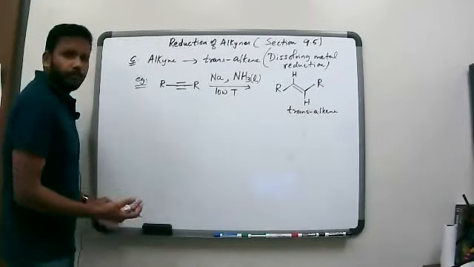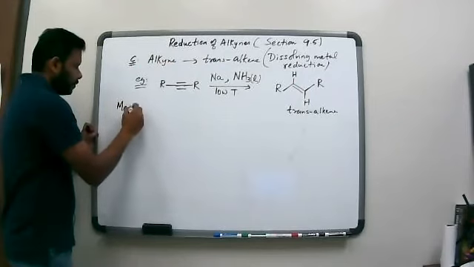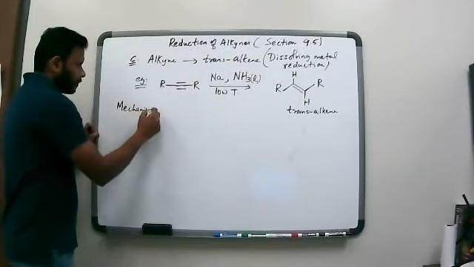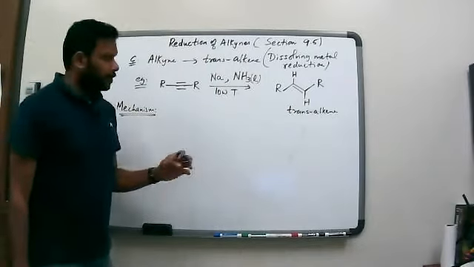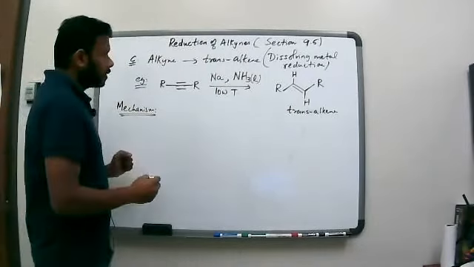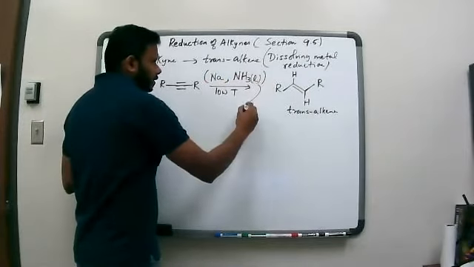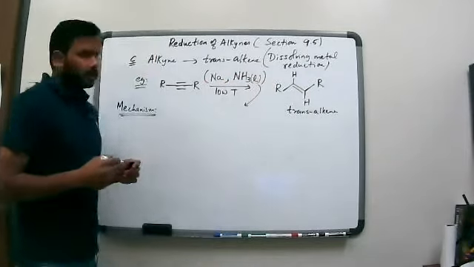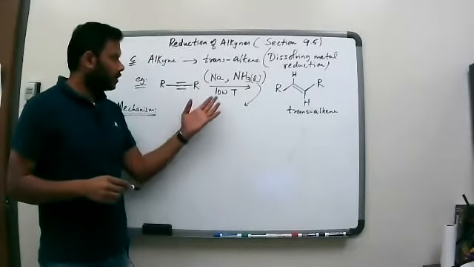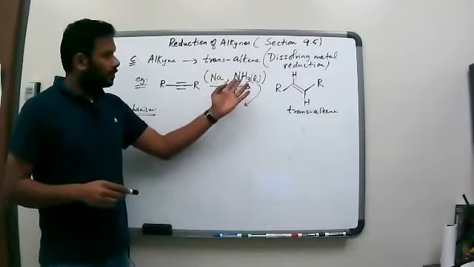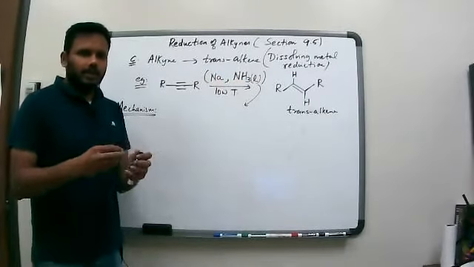So we'll look at the mechanism of this reaction. How does this reaction work? How do we get this trans-alkene? So, before we get there, what I want to mention is this combination of reagents. Sodium is a very electropositive metal. So when it's in this solvent, liquid ammonia, it actually generates electrons.